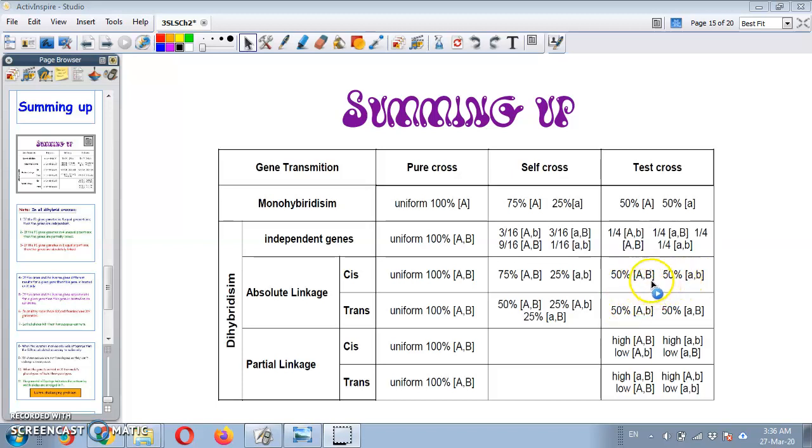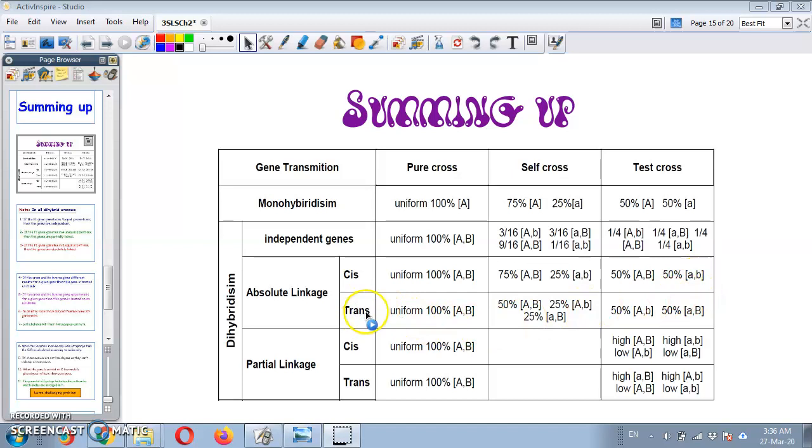Each of them will carry the dominant phenotypes linked together in one proportion of the individuals, and the other 50% of the offspring will have both recessive alleles, which are linked together.